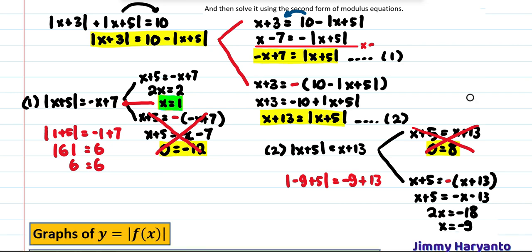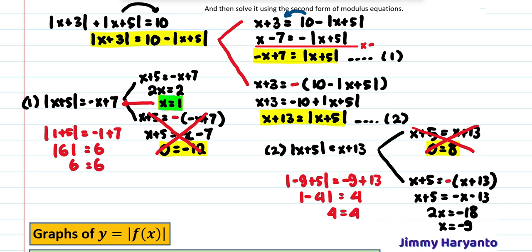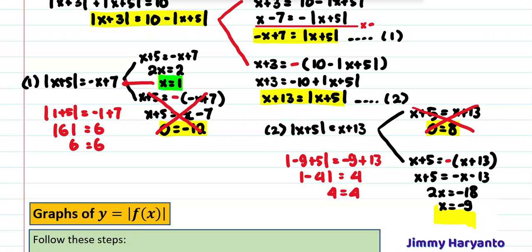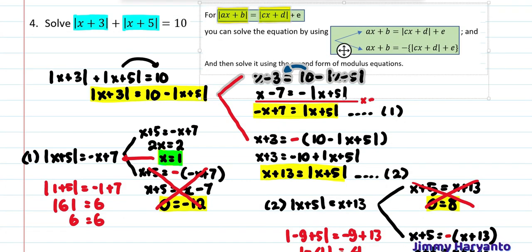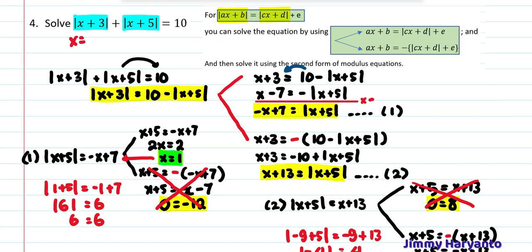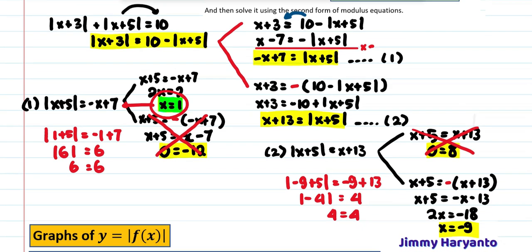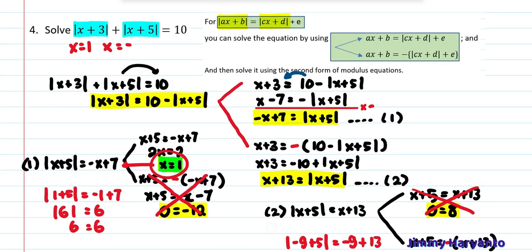So absolute value of negative 4 equals 4. So 4 equals 4. It's equal. That means this one is also the solution. So the solution for the question is x equals 1 and x equals negative 9.